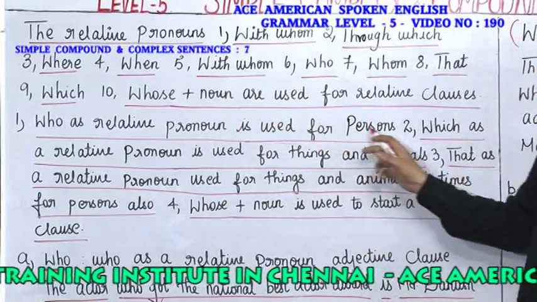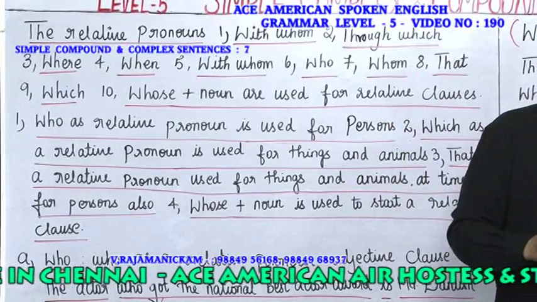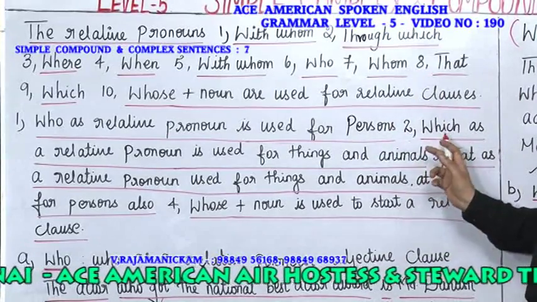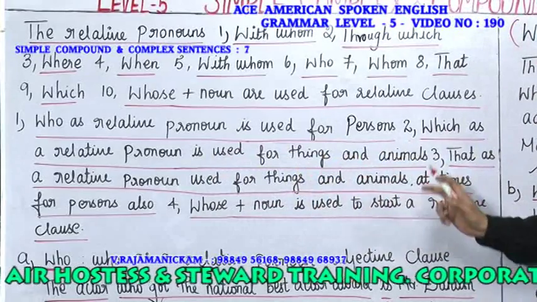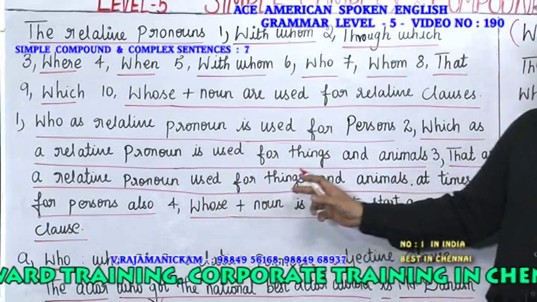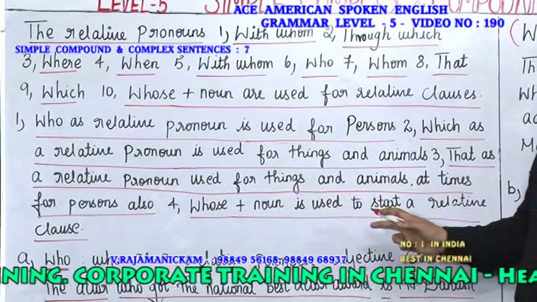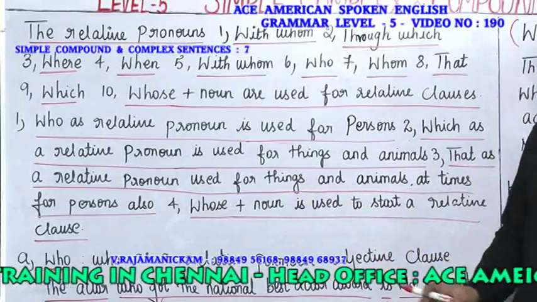Who as a relative pronoun is used for persons. Whenever you use who, it stands for persons. Which is a relative pronoun used for things and animals. That as a relative pronoun in the middle of a sentence is used for things and animals, and for persons also. Whose plus noun is used to start a relative clause.